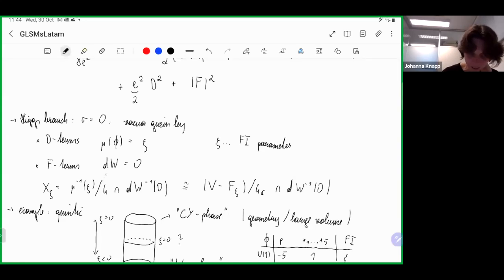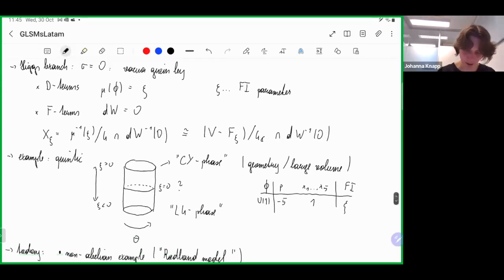That means the F-terms will be gone because all the phi fields are gone, and the left-hand side of the moment map equation will also be gone. The only solution to the D-term equation will be theta equals 0. So that's only one point in the moduli space.